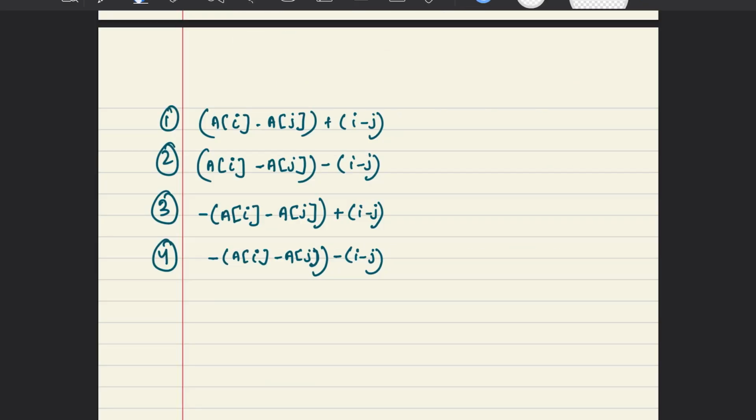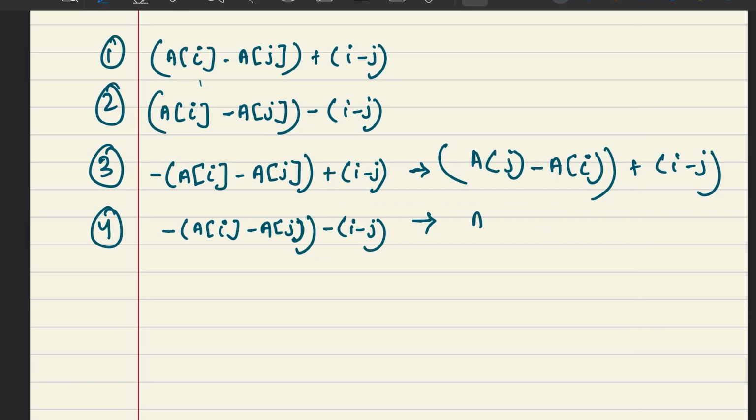Here we can see we have found four possible combinations where 1 and 3 are almost the same. So this can be converted to a of j minus a of I plus I minus j, and equal to a of j minus a of I minus I minus j.